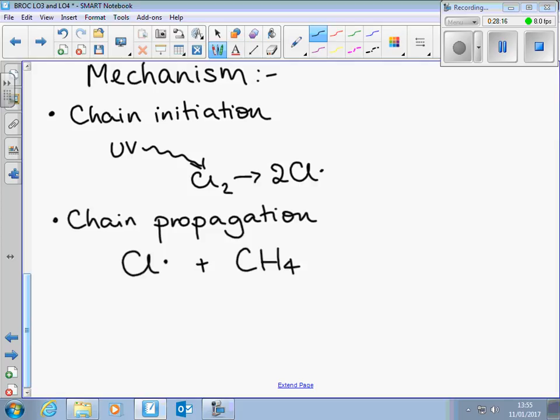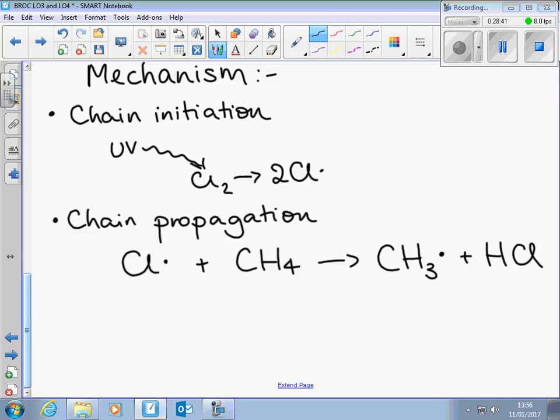This is the thing. The chlorine radical then bumps into methane molecules, and what we end up with as a result of that is the production of our methyl radical and some hydrogen chloride.